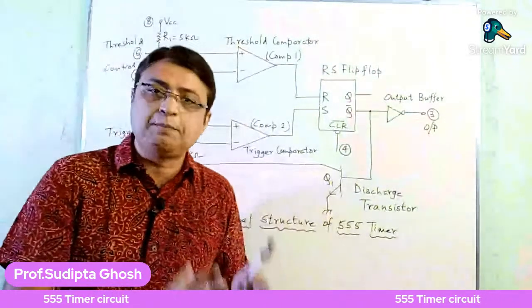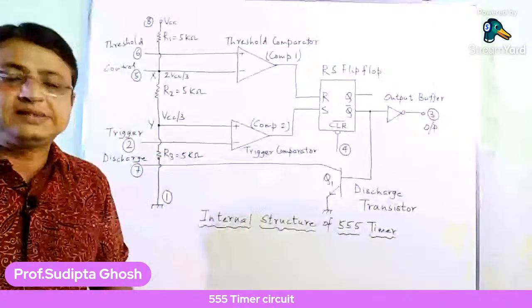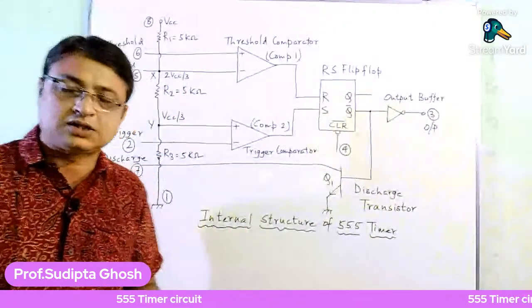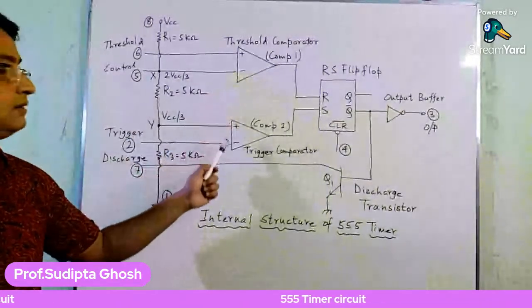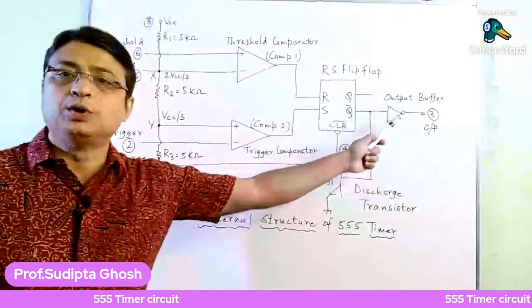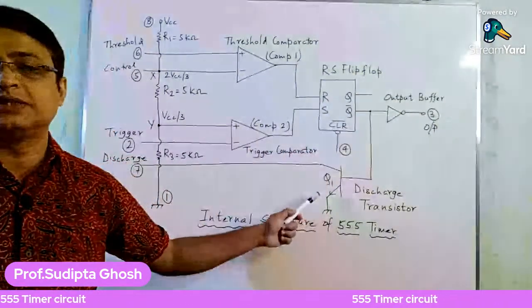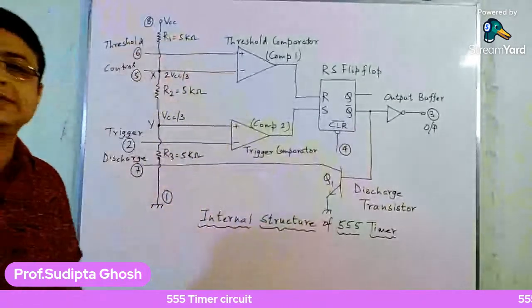So for a 555 timer circuit we have 6 basic blocks inside the circuit. They are the threshold comparator, the trigger comparator, the set reset flip-flop, the output buffer, the discharge transistor, and a potential divider consisting of 3 resistors.